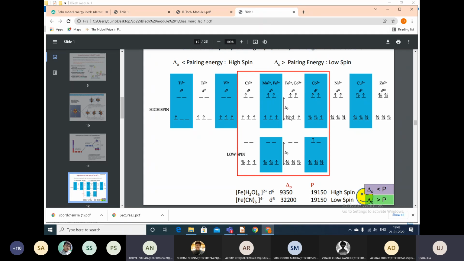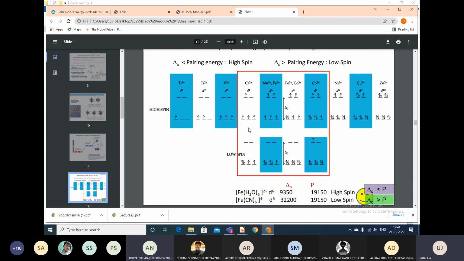But depending upon what ligand is there, if the delta O becomes more because of a strong ligand, then pairing will take place and we'll have a low spin complex. But if the ligand is weak and the crystal field stabilization energy is lower than the pairing energy, then the electrons would stay independent. So we can get a high spin complex.